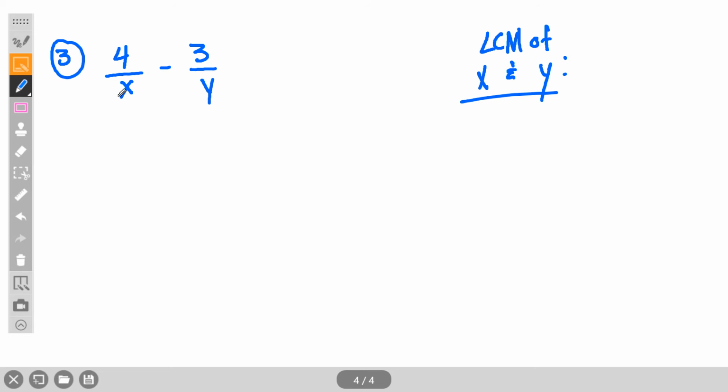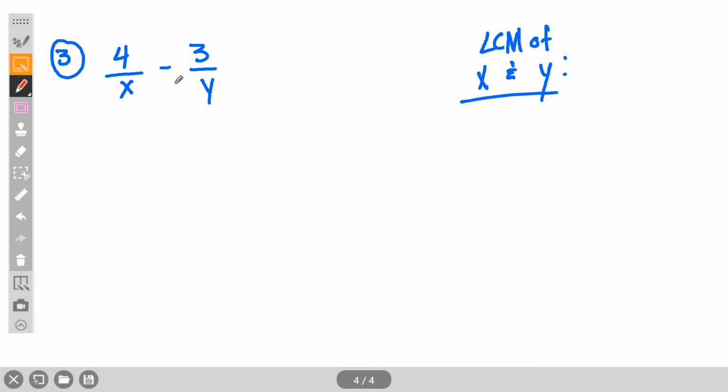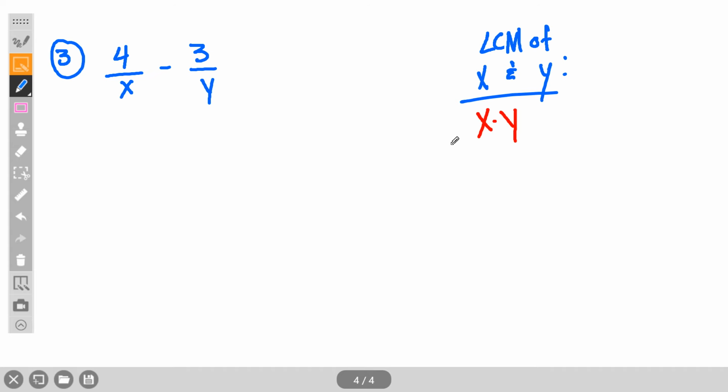Well, they don't factor. x doesn't factor into anything, y doesn't factor into anything. So the LCM will just be the factors they have in common, which is nothing, multiplied by the factors they don't have in common, which is x and y. So the LCM is just x times y.